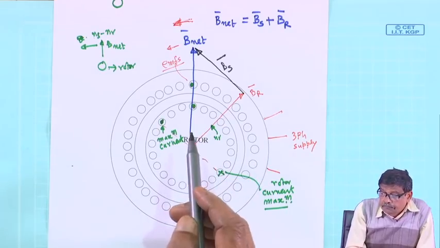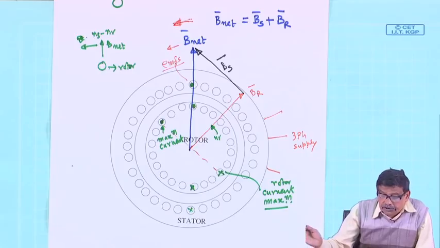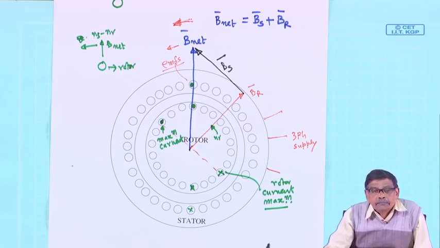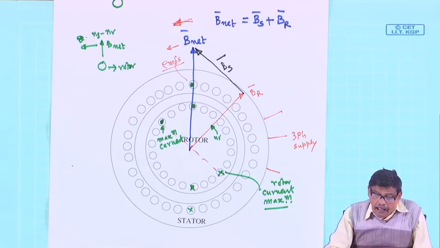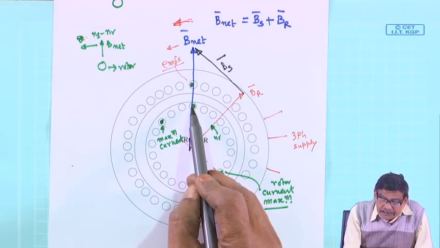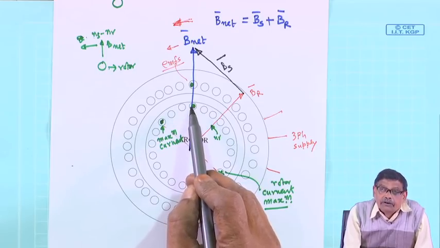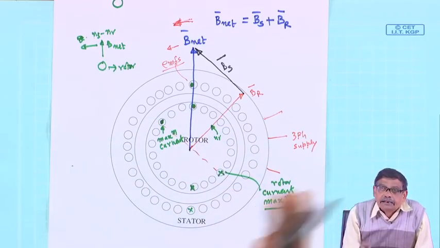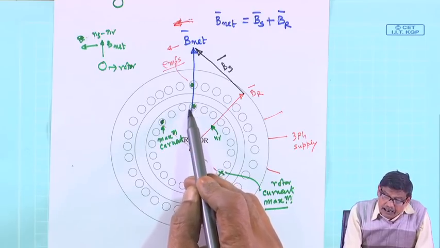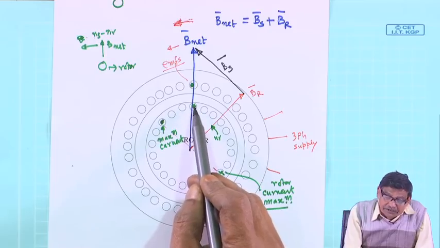Because the rotor you have shorted, induced voltage is there, and current in the rotor circuit must be the induced voltage divided by the impedance of the rotor circuit, which is inductive, R plus jX. And therefore, if this is the instantaneous maximum voltage, at that time maximum current will not come; the conductor will reach maximum current after a certain time lag, lagging current.